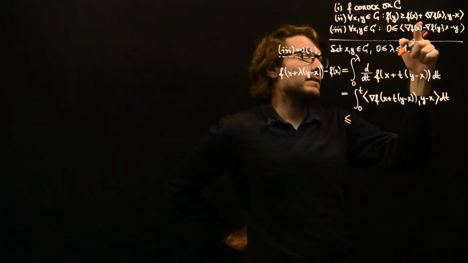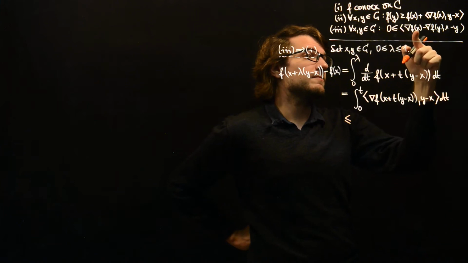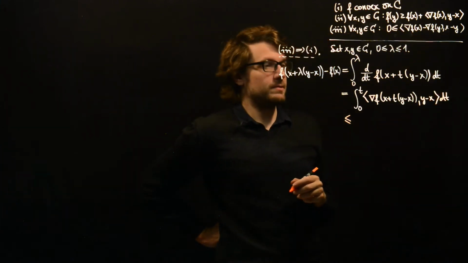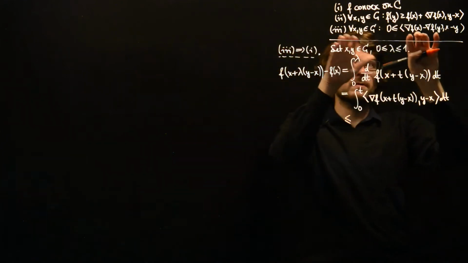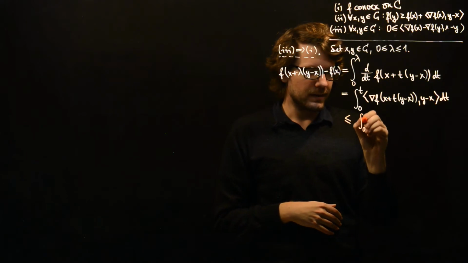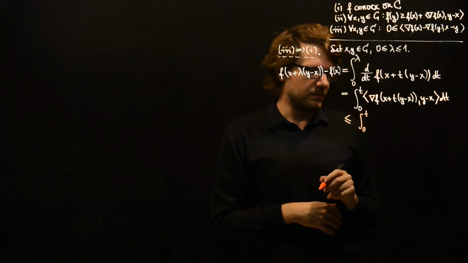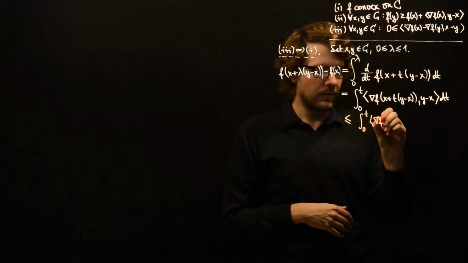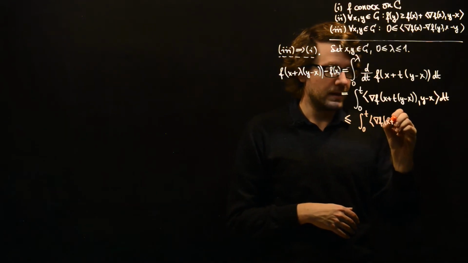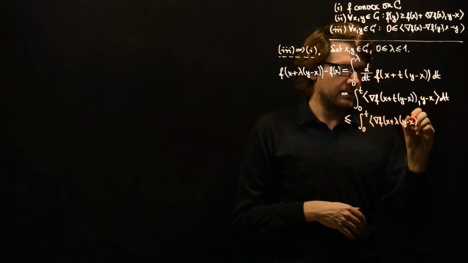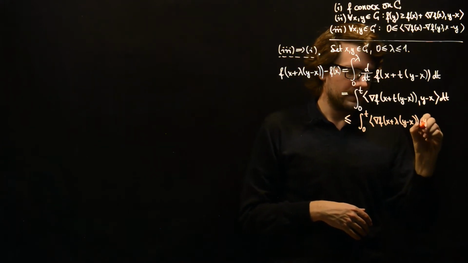So we can replace gradient f of something by gradient f of some other thing under some circumstances. This is what number 3 says. And I claim that we can replace this by the integral from 0 to t over gradient f of x plus lambda times (y minus x), inner product with y minus x.